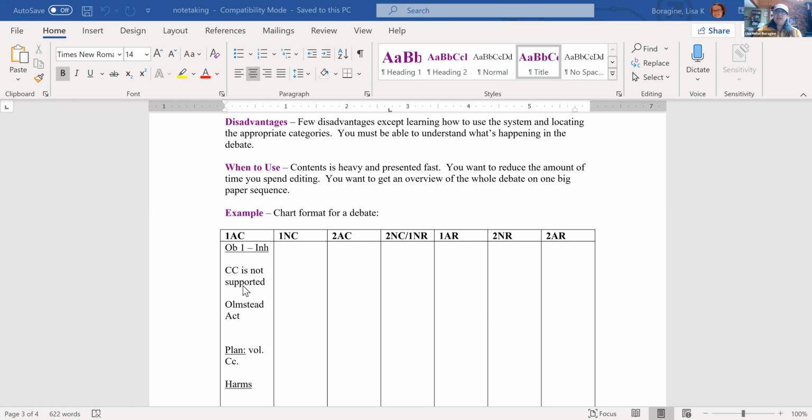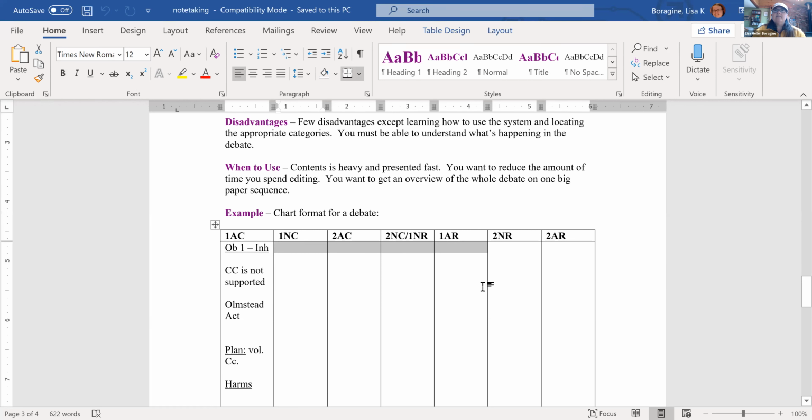It can be challenging at first to get used to it, but once you do, it's a great way to map the debate because you can learn to circle certain things and extend a line across where you might want to go. It's a great way to visually see the debate. It combines both mapping and outlining in a visual way.